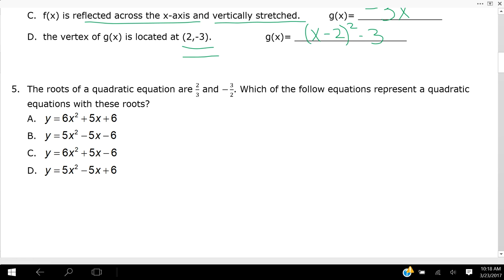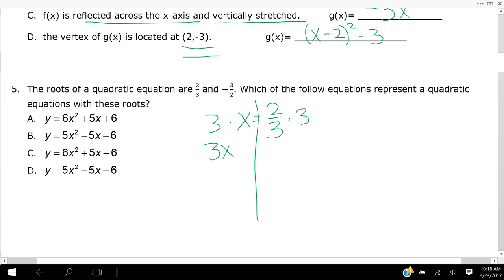Number 5, I had some people who were leaving these as fractions, and you're making your life so much harder, especially when your answer choices aren't fractions. If I know that x equals 2/3, the first thing I'm going to do is multiply both sides by 3, as I set it equal to 0, and I have 3x equals 2. Then I'm going to subtract 2 from both sides, and I end up with 3x minus 2 equals 0.